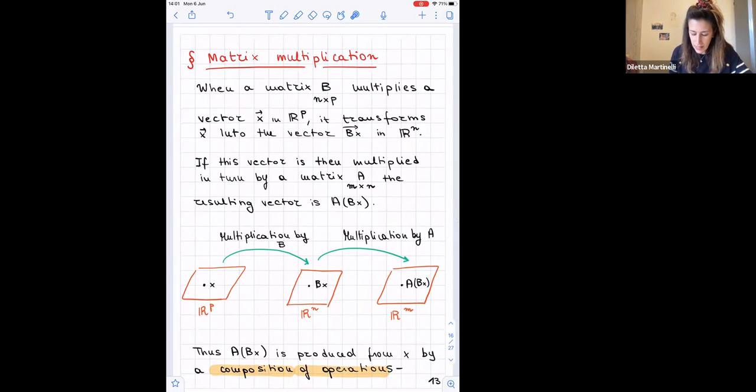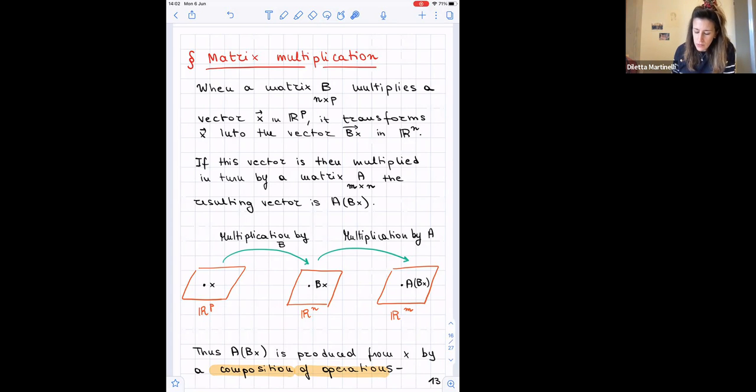Let's look at the picture. We start from a vector x in R^p, so all the entries of the vector are real numbers, and we have p of them. We multiply by B, so we operate on the vector x, and we obtain a new vector in R^n. We are assuming here that B has size n times p, so it has n rows and p columns. It takes a vector in R^p and gives back as output a vector in R^n. Then we do that again.